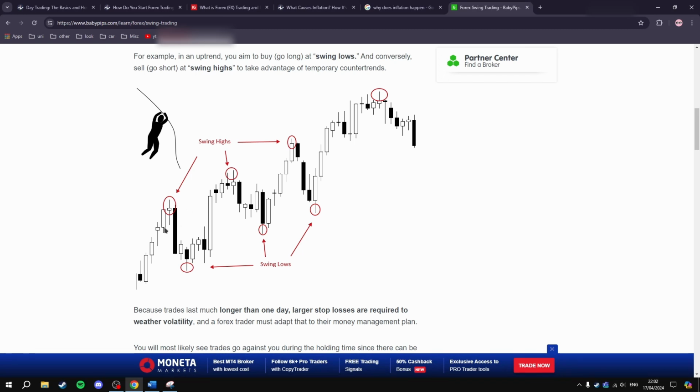Don't really know what you call it. So got the highs here, that's a high, that's a new high, that's a new high. Low, a new low, oh no, low, slightly higher low, and a slightly higher low. So in an uptrend, you buy here, you sell here, you buy here, you sell here, you buy here, you sell here.